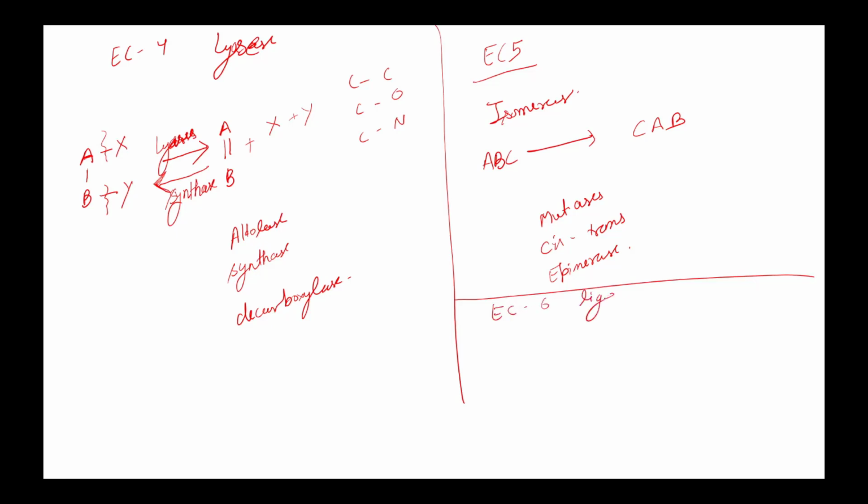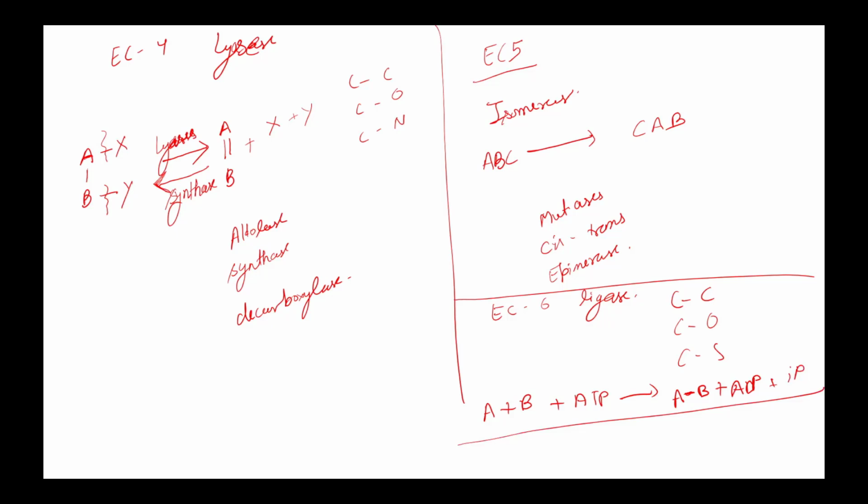We also have EC6, which are ligases. Ligases catalyze bond formation, such as carbon-carbon, carbon-oxygen, and carbon-sulfur bonds. The energy required for this bond formation is supplied by ATP hydrolysis. This is the scheme.